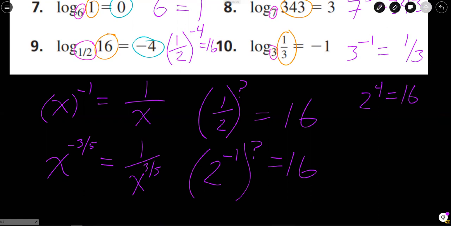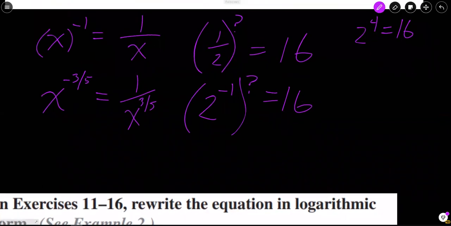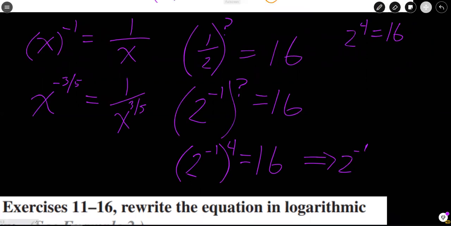So I can rewrite this as 2 to the negative first to the fourth is equal to 16. Sorry, I goofed up there.